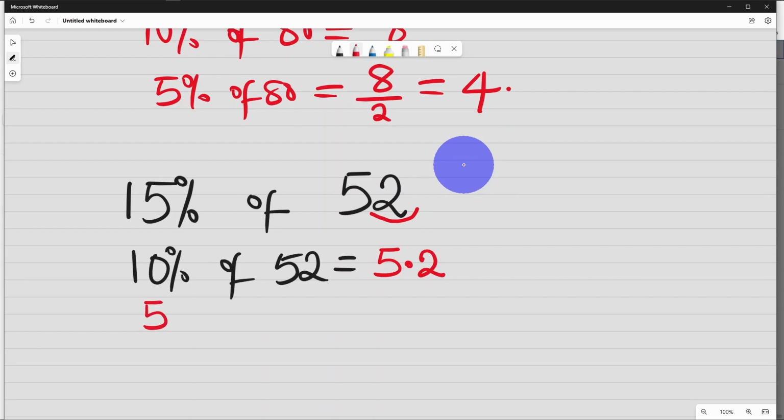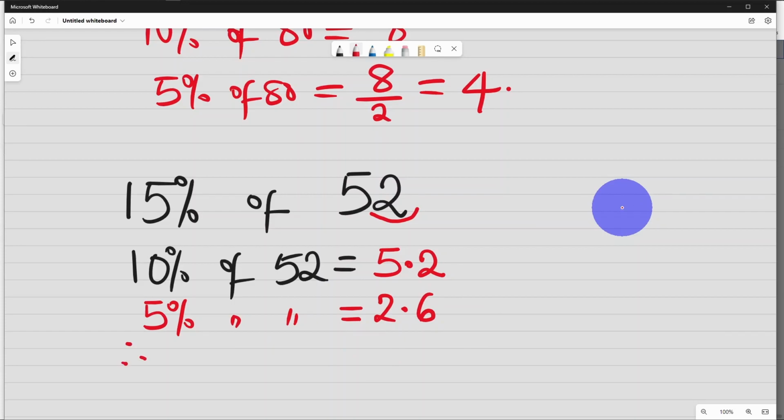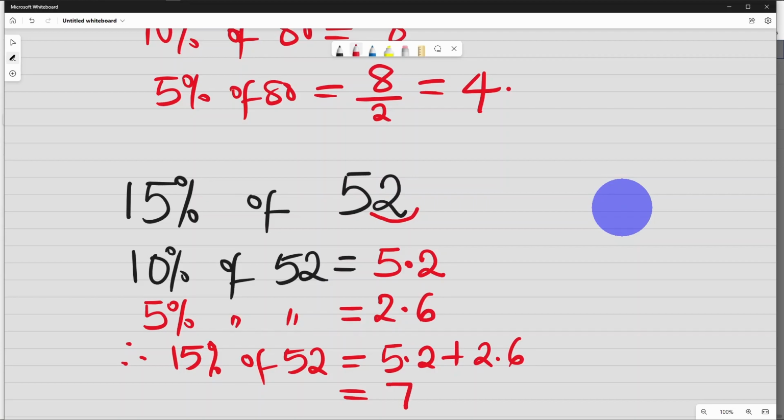Then 5% of 52 is half of this, 2.6. So 15% of 52 is easily 5.2 plus 2.6, and that gives us 7.8. So you can see how easy this can be done in our head.